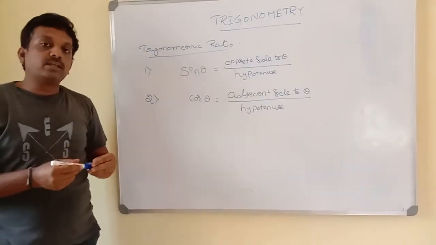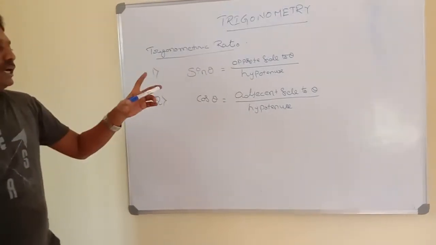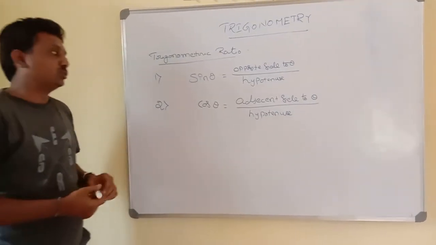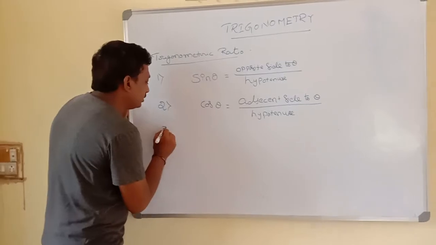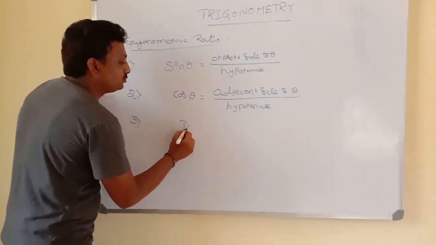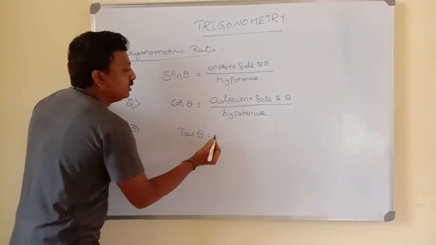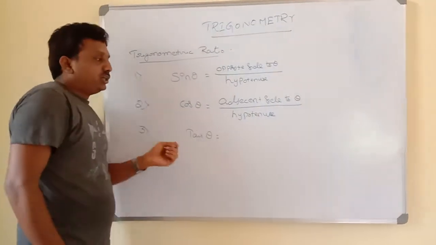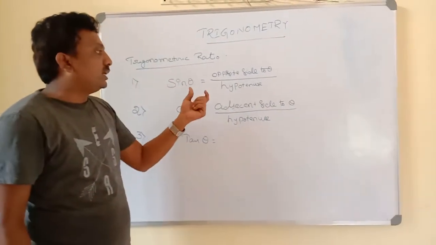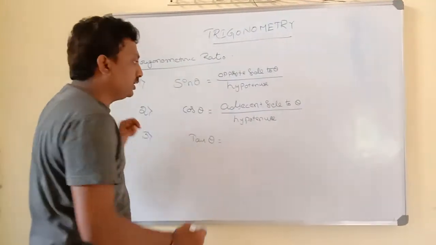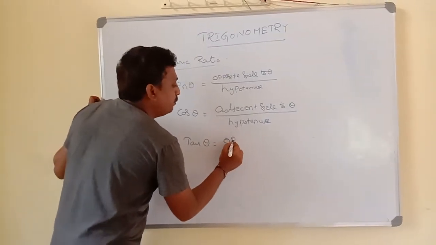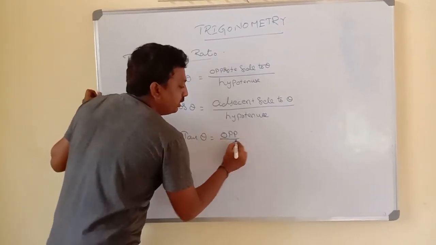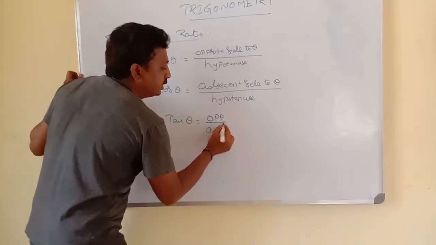Cos theta is the ratio of the adjacent side to theta by hypotenuse. Next, the third one, tan theta. It is the ratio of the opposite side to theta by the adjacent side to theta.